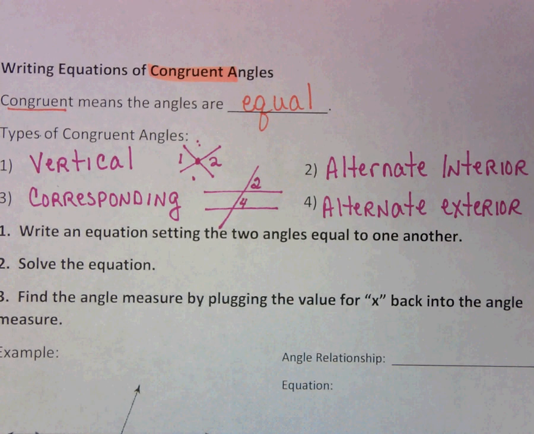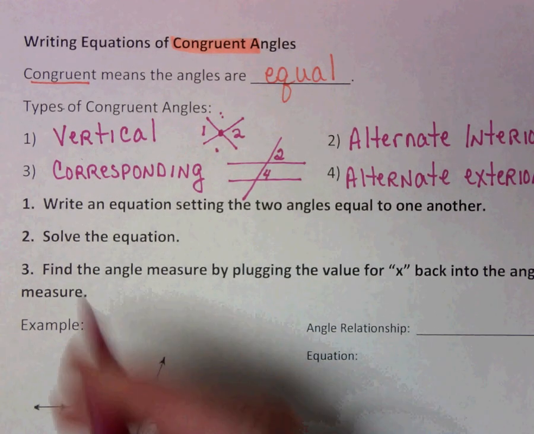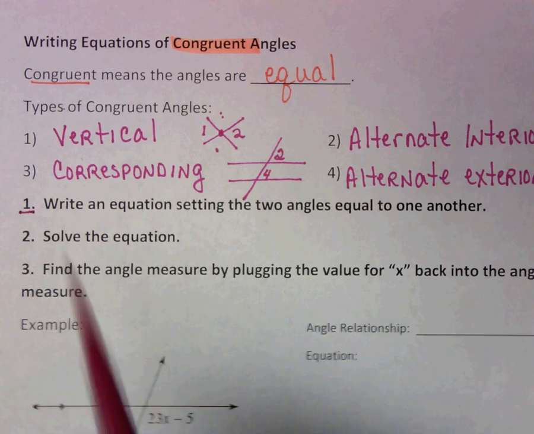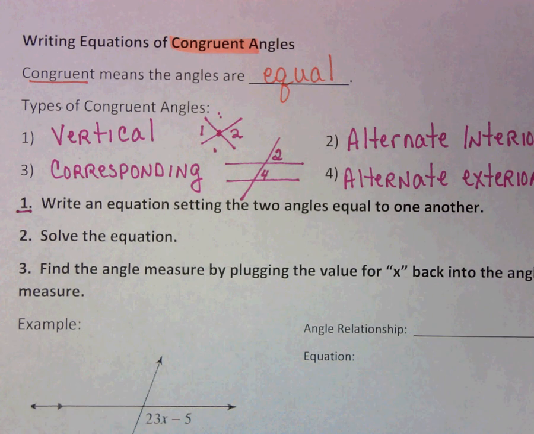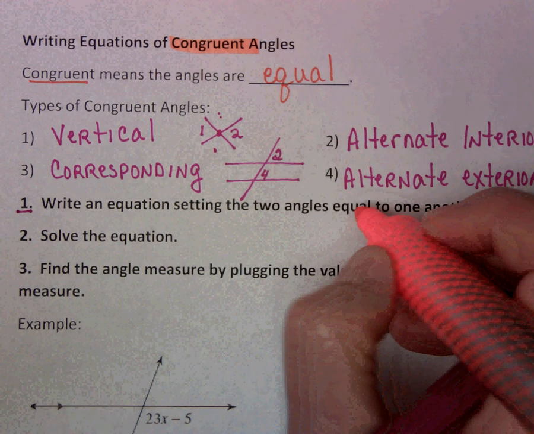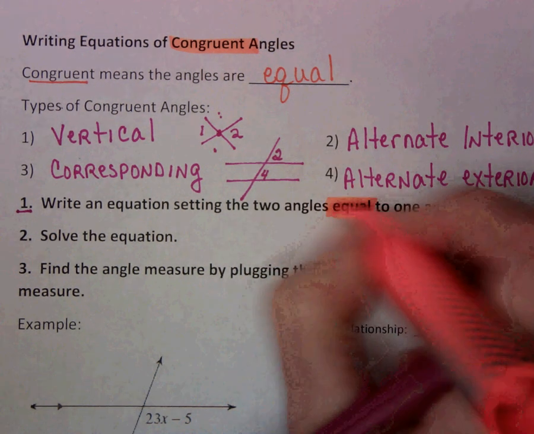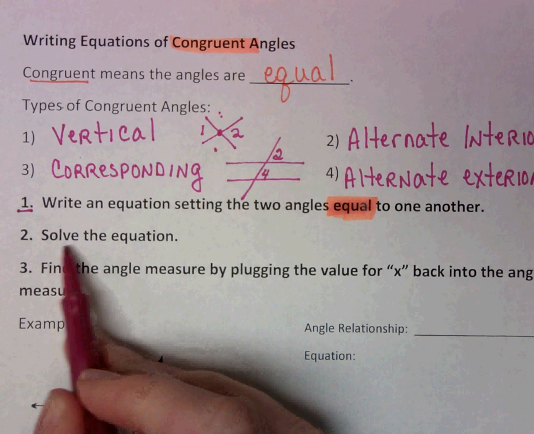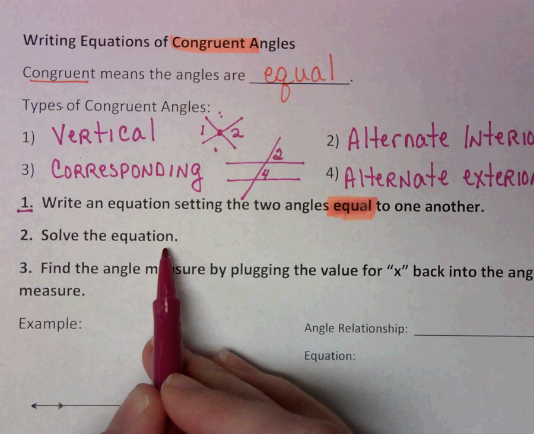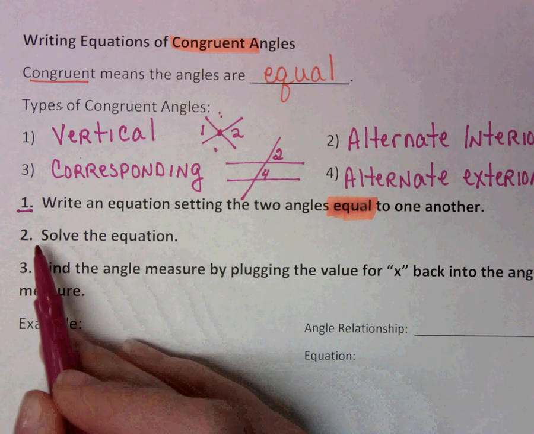So when we go to set up these problems, we're going to write an equation setting the 2 angles equal to one another. That's the key thing. The 2 angles are going to be equal to one another. We're going to solve the equation just like we learned with variables on both sides using Don't Call Me After Midnight.